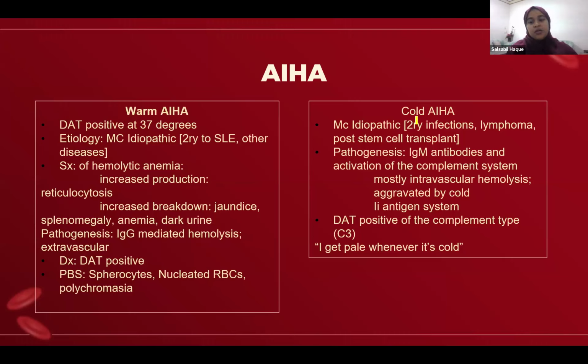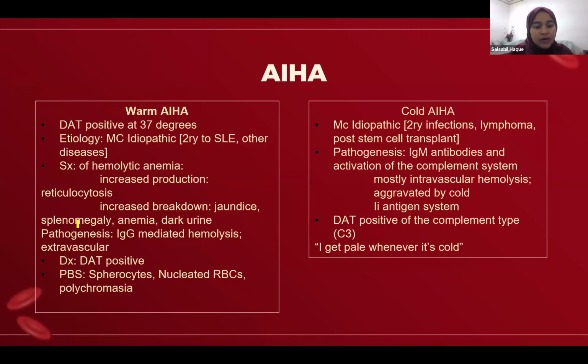Warm hemolytic anemia and cold, there is a lot of differences actually in the pathogenesis, but the main difference on lab findings is the direct antiglobulin testing. It's positive at 37 degrees or at 4 degrees, right? So the most common cause of both of them is idiopathic. However, warm autoimmune hemolytic anemia can also happen due to secondary causes such as SLE and other diseases.